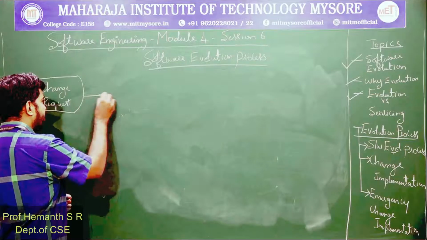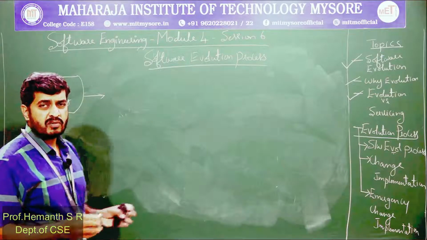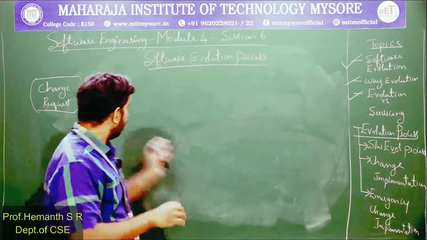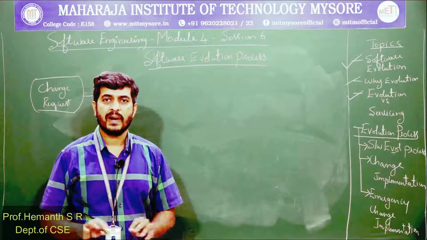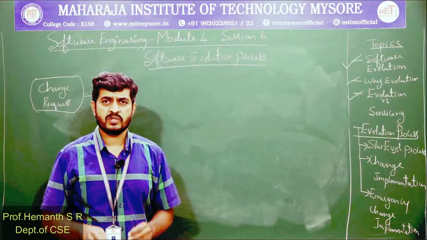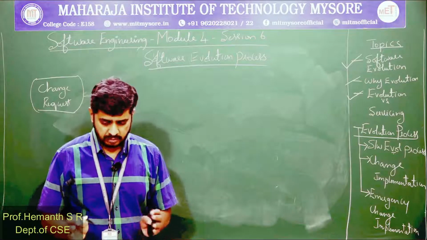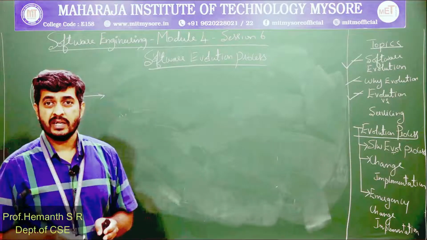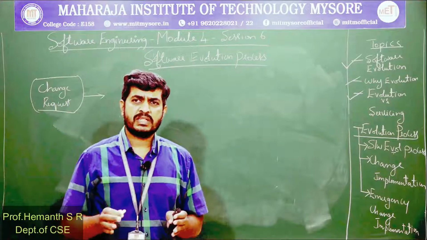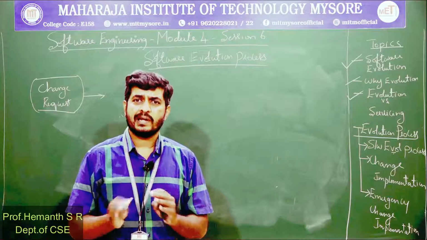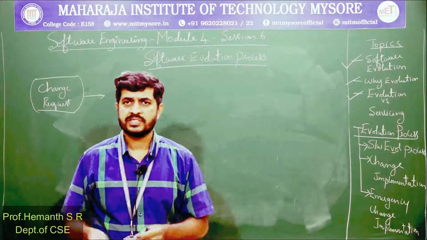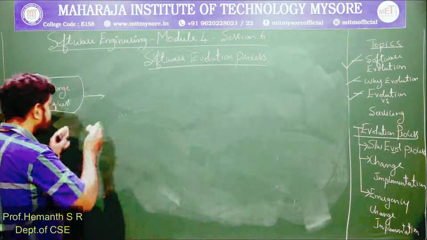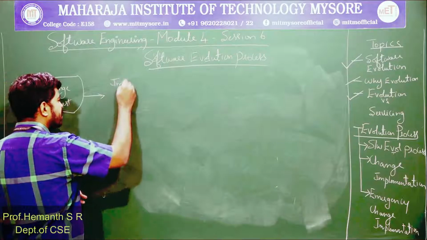Now immediately when a change request is received, the software company will not do the changes immediately because it needs to analyze the impact of the change, in terms of cost, in terms of the existing design. So its impact should be analyzed before deciding on going with the change. So the next stage is impact analysis.